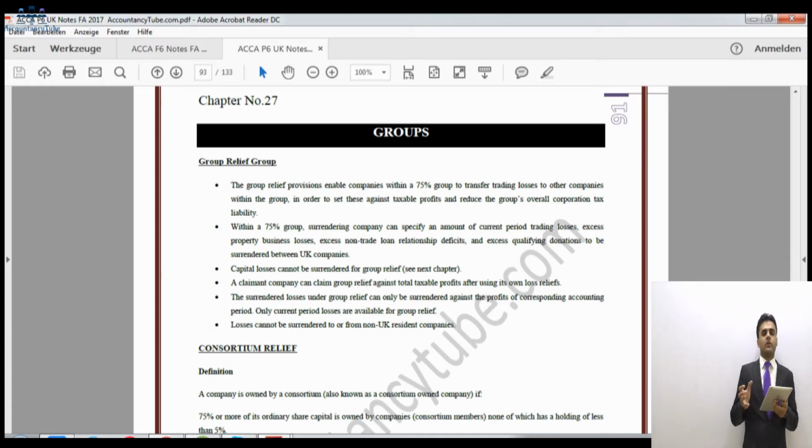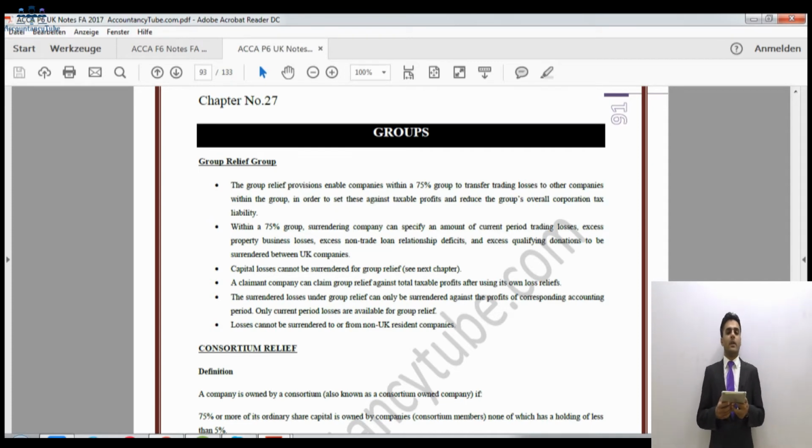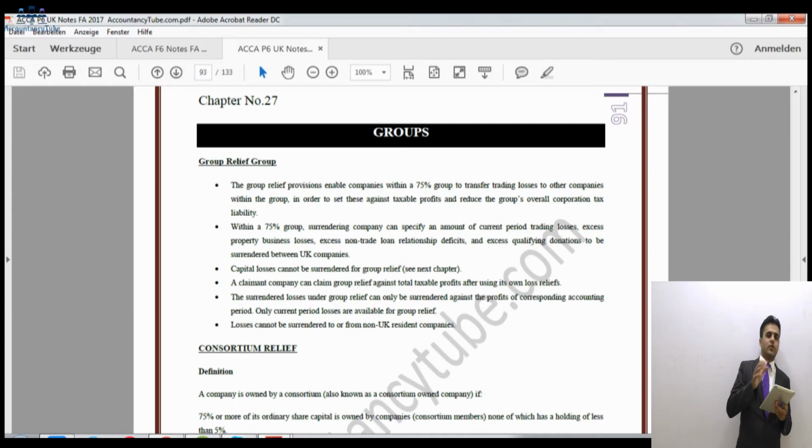Now say for example, if one company owns 75% shareholding in another company, and it owns more than 5% as well, it will not be a consortium, it will be a subsidiary. All right, I hope that you would appreciate the fact.